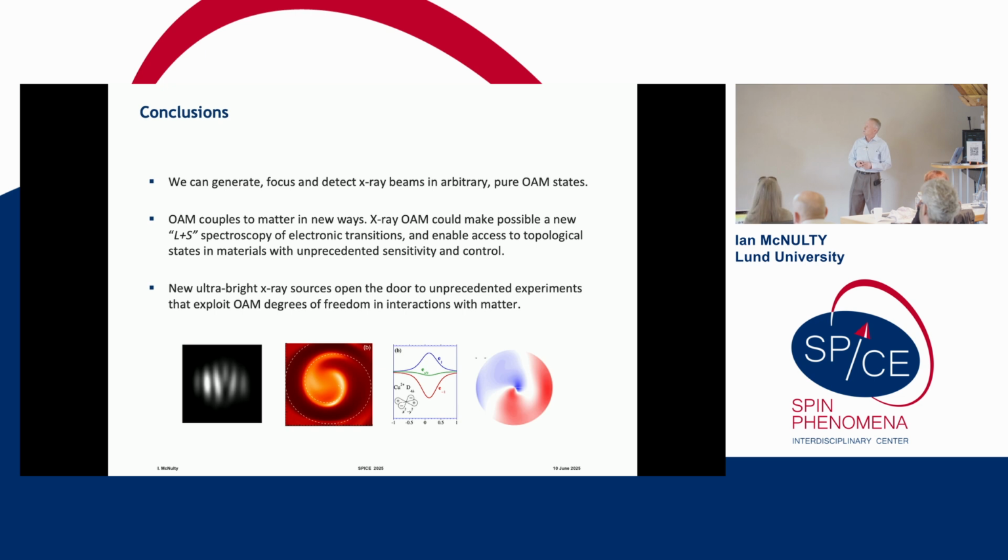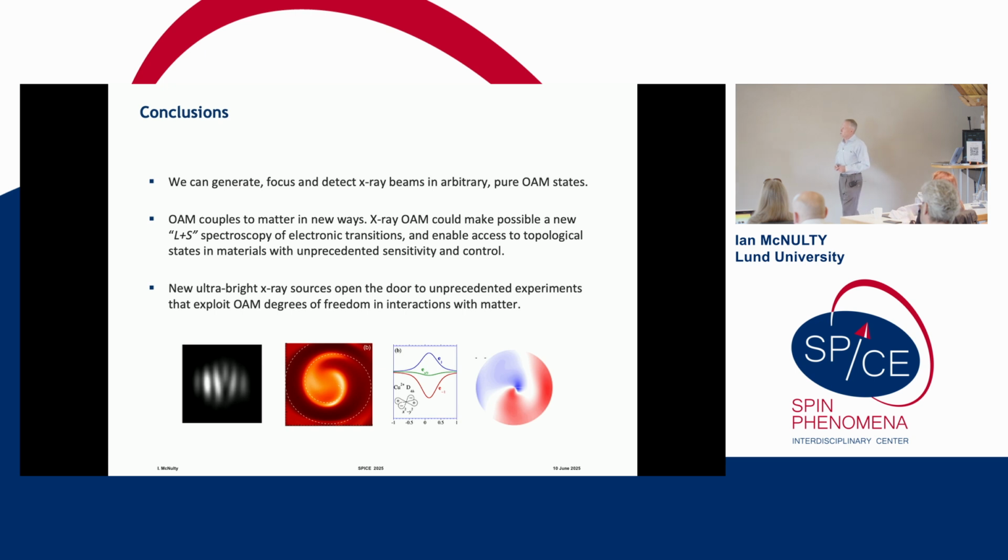X-ray OAM could make possible, in fact, a new, I would argue, L+S spectroscopy. Conventional CD is, I would argue, just S spectroscopy of electronic transitions, and OAM could also enable access to topological states and materials with completely new, unprecedented sensitivity and control.